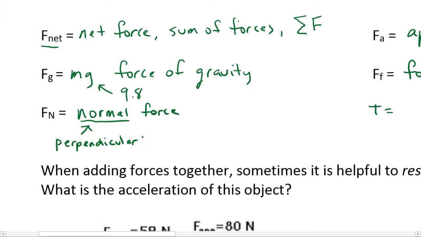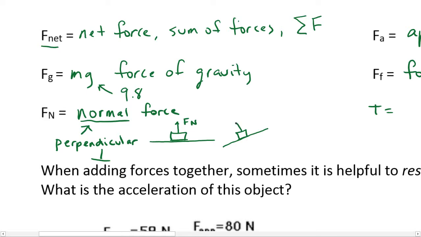So for example, if we have an object that is on a horizontal surface, this horizontal surface is pushing back on the object. So although there is a force of gravity downwards, there's a normal force. You can think of it as the surface support force in a way. Now if that surface happened to be on an incline, again it would be perpendicular to the surface. Here's a symbol for perpendicular.